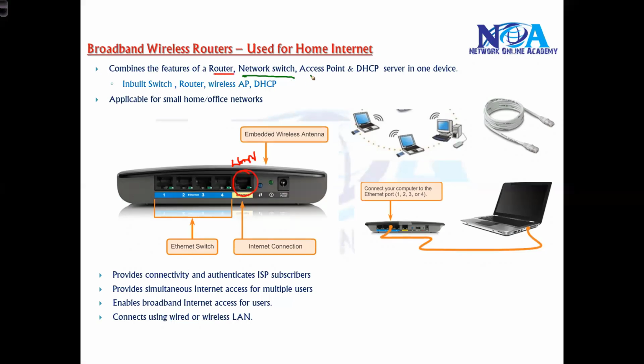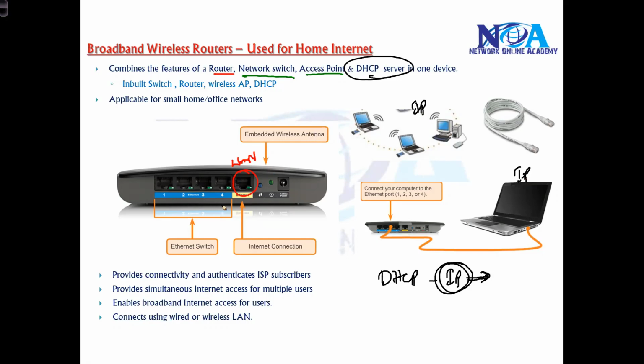Inbuilt router, inbuilt switch, inbuilt access point, as well as an inbuilt DHCP service. Typically, DHCP is a method of assigning the IP. We'll talk about IP addresses in later classes. But every device requires an IP address.